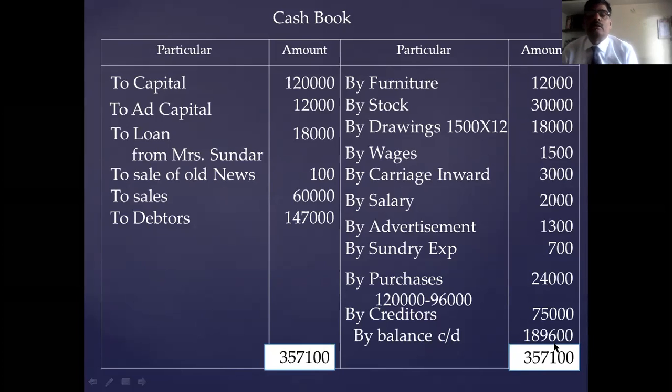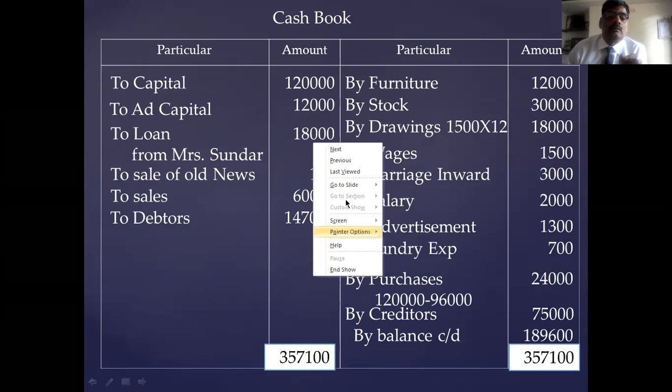Balance completed. In this way, you have to prepare the cash book. First of all, you get the missing information. Now missing informations are collected. Now go to trading profit and loss account.